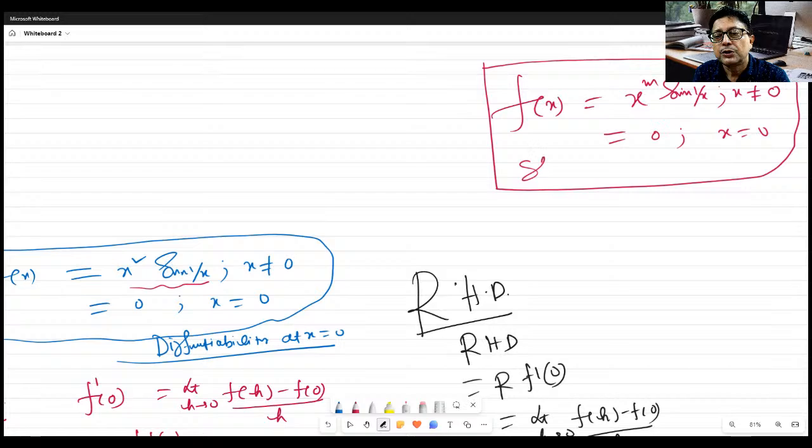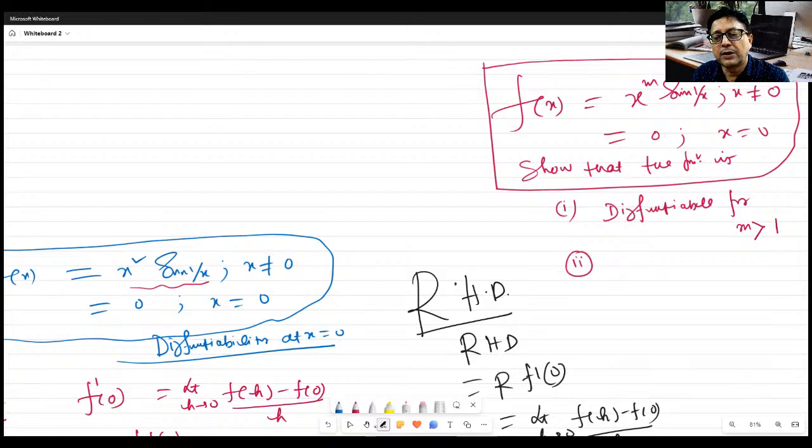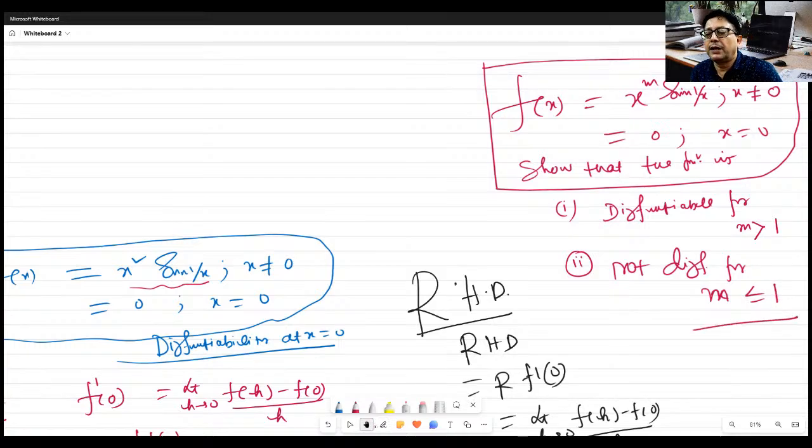Question is, show that the function is differentiable for m greater than 1 but not differentiable for m less than or equal to 1, and you will remember the result for future.